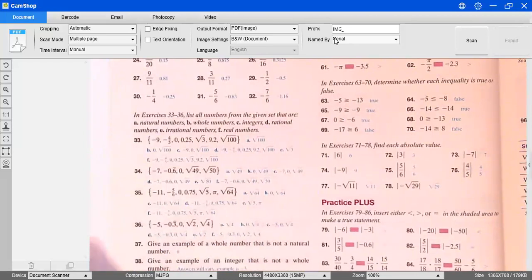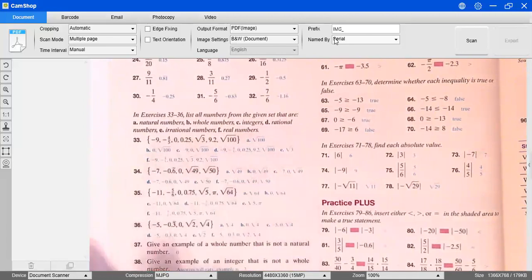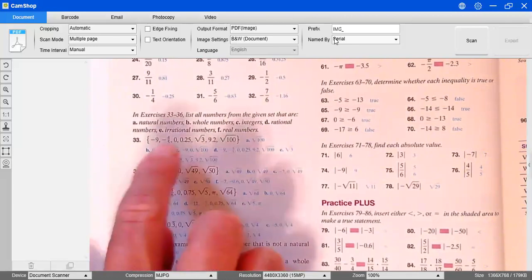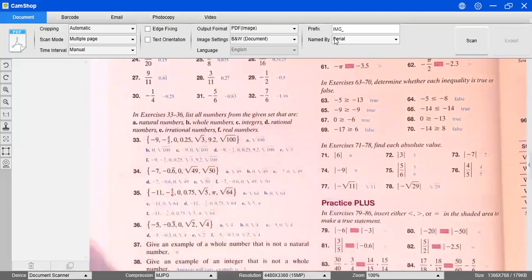This is good practice for you. If you don't have time, just solve problem 34. What you're going to do here is list all numbers from the given set that are first natural numbers. So you look for the natural numbers here, then look for the whole numbers, then for the integers, then rational numbers, then irrational numbers, and finally real numbers.